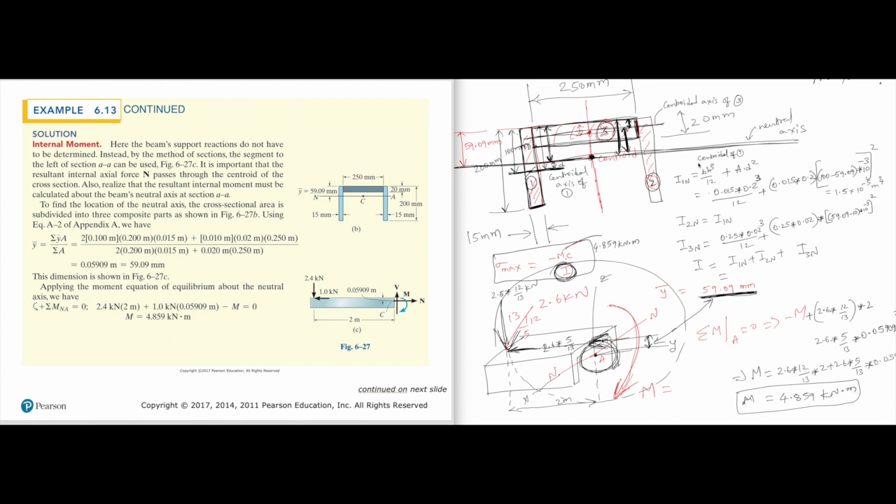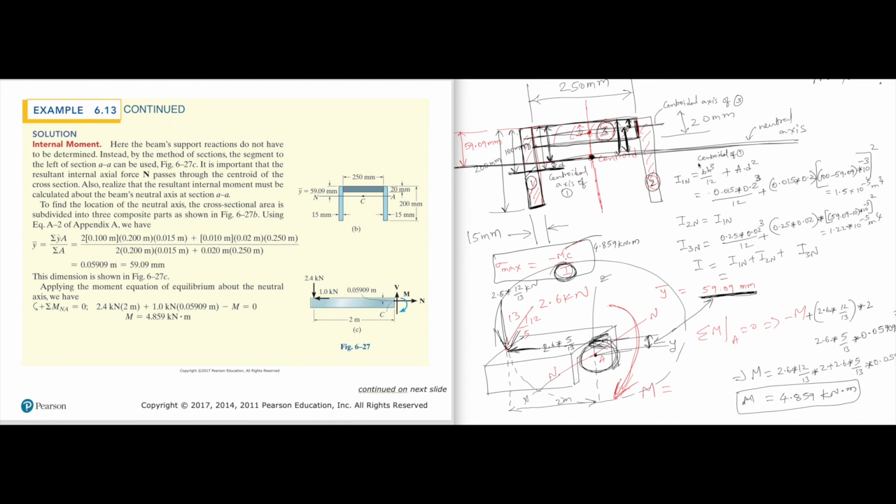0.25 times 0.02 cubed divided by 12 plus 0.25 times 0.02 times 0.04909 squared. I got this to be 0.22 times 10 to the minus 5 meter to the power 4.